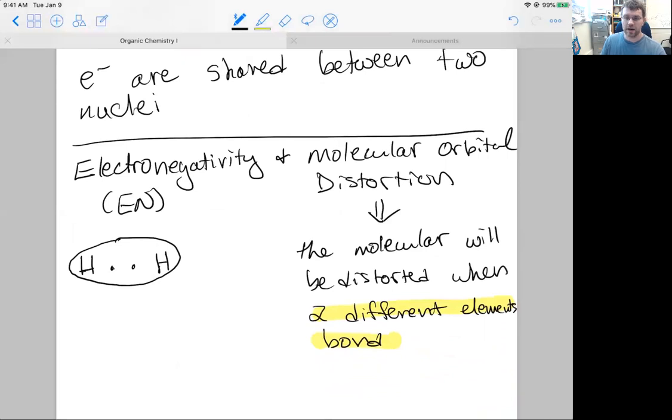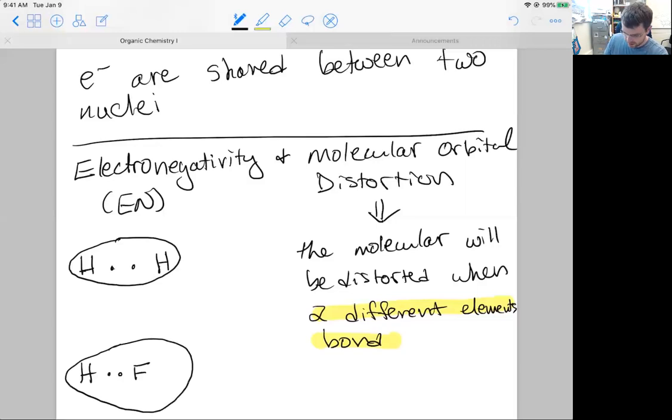Now, when hydrogen bonds to a different element, like fluorine, something strange will happen. Despite the size of the atom and the number of orbitals that it has, we will see the bonding molecular orbital take on a different shape.